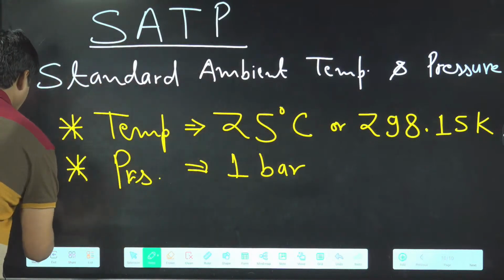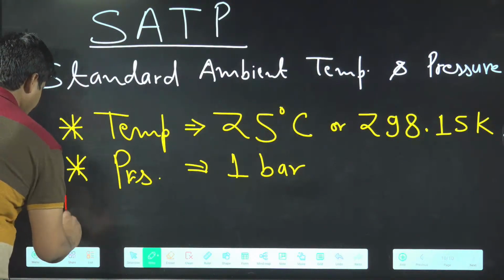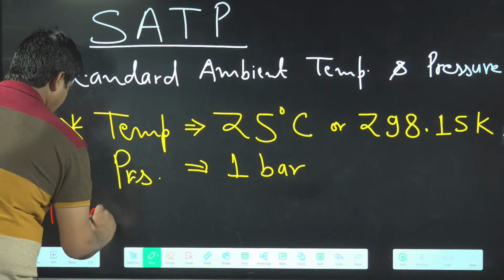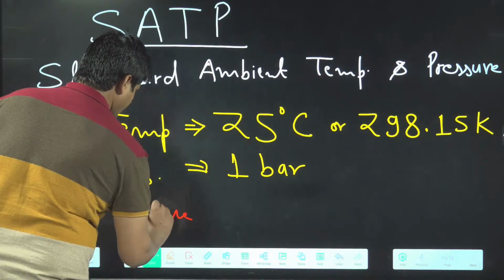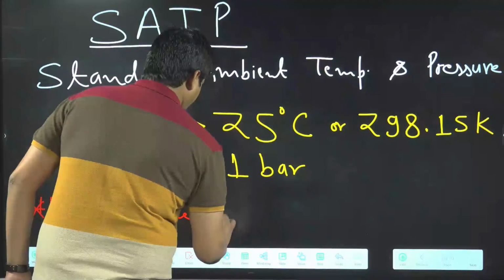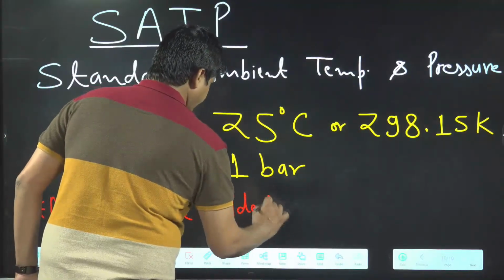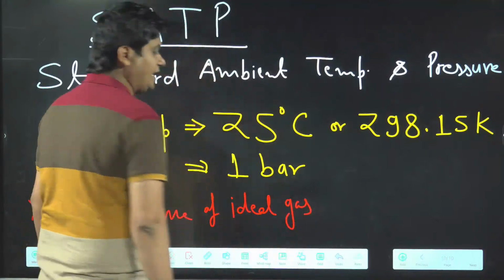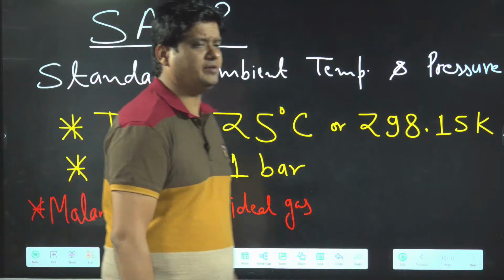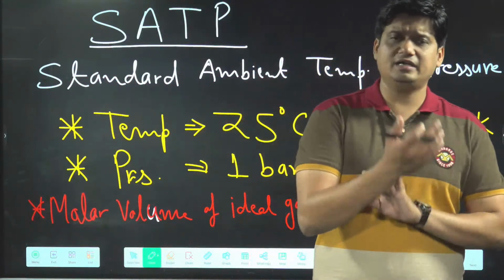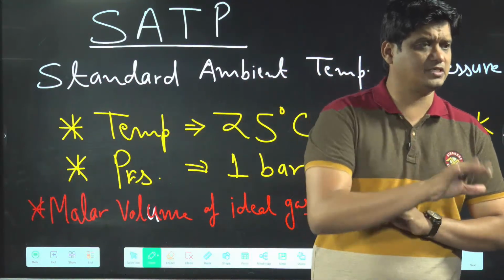So molar volume, which is the most important part here, of ideal gas. You know from the previous lecture that molar volume and molar mass can be defined for one type of entity as well as a mixture.